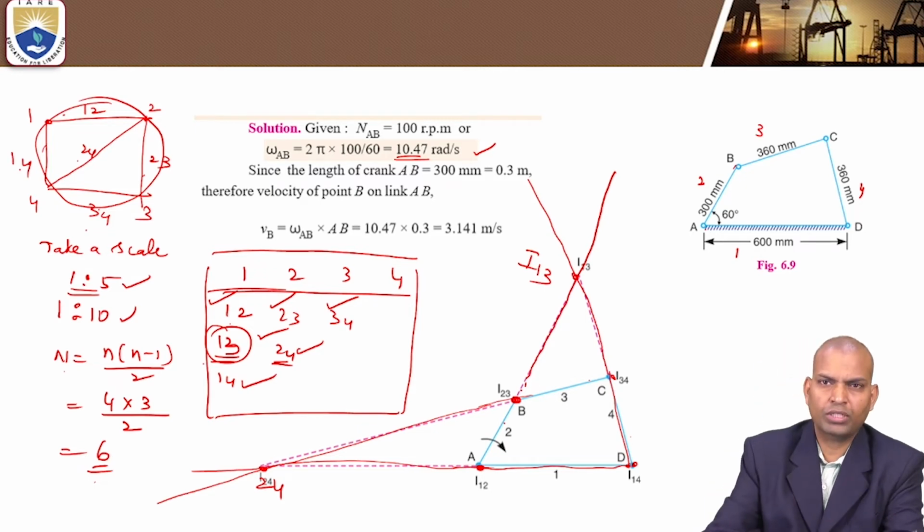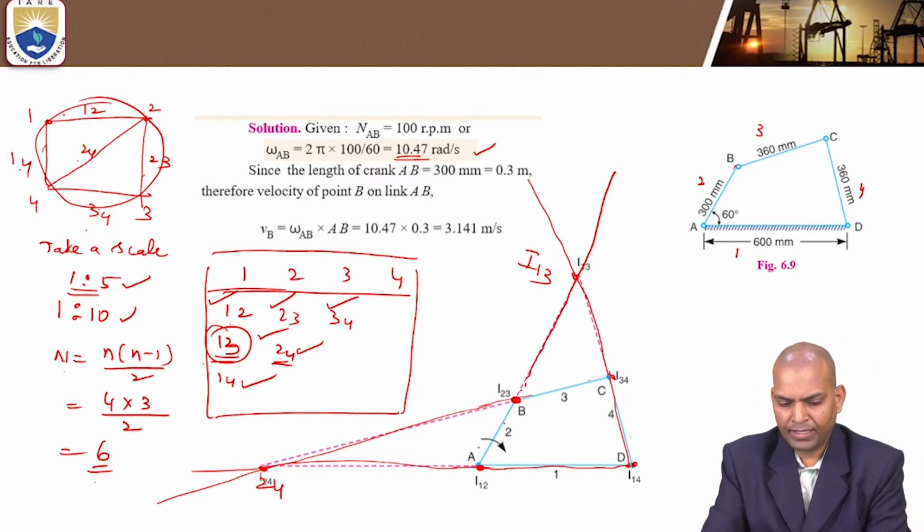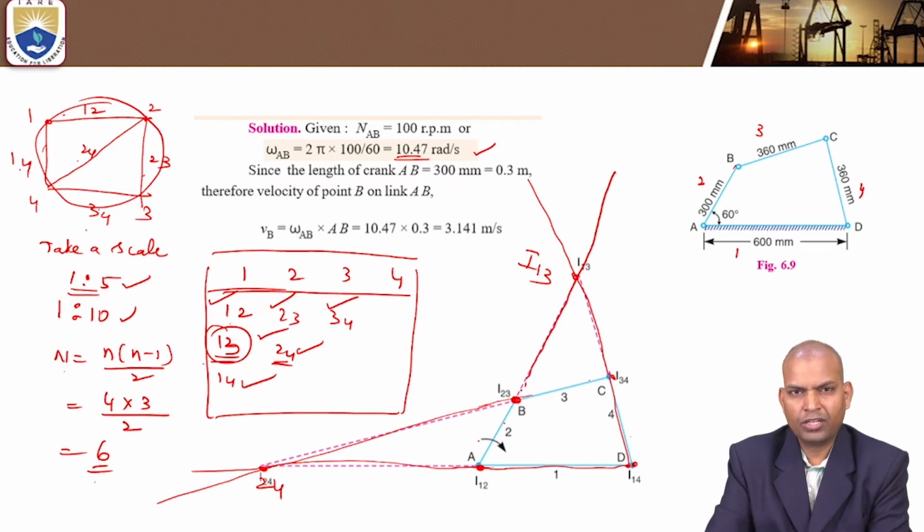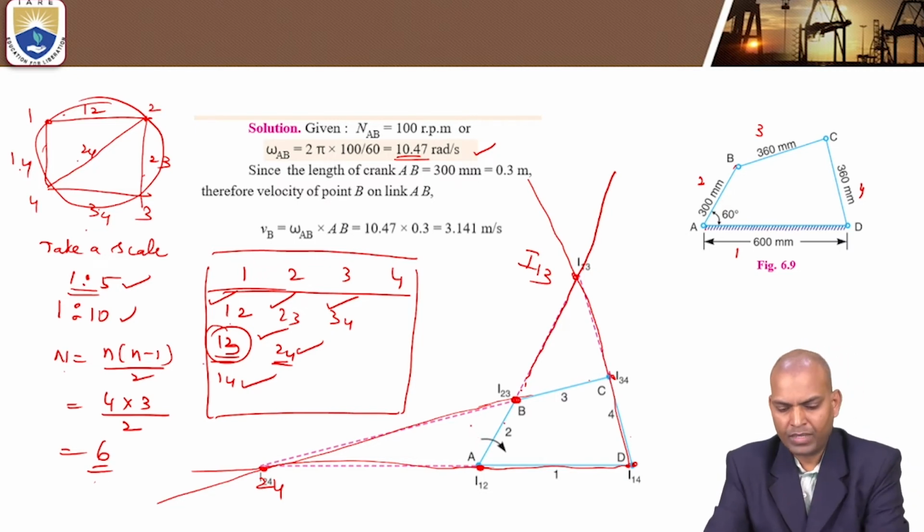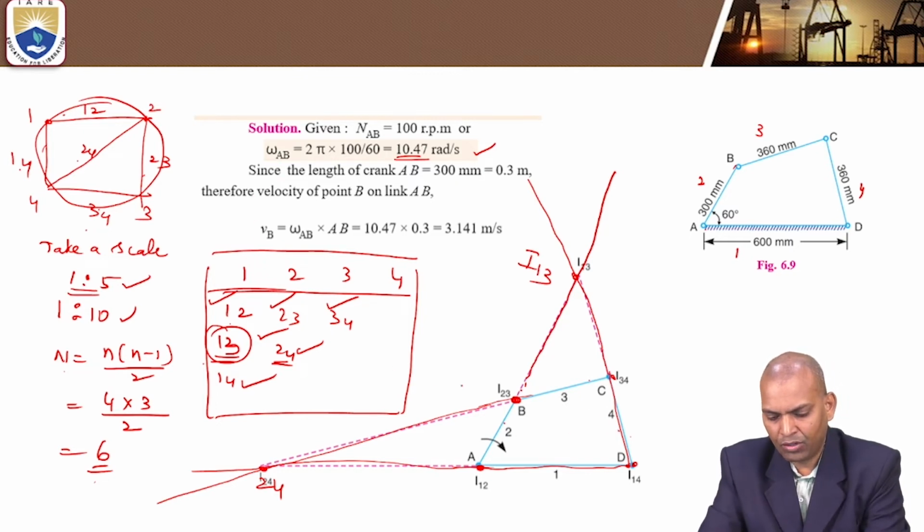Then after that what to calculate? We know omega 2, that is nothing but the angular velocity of link AB, omega AB, and we have to find the angular velocity of the link BC.